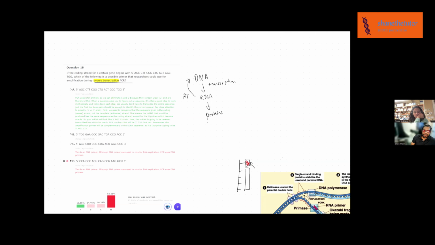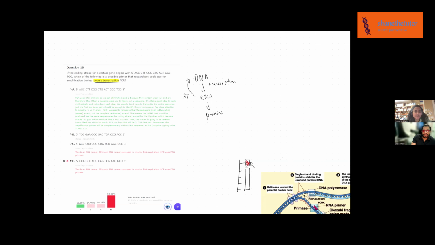But this is just talking specifically about reverse transcriptase PCR. Okay. So that's the key word here. So just think of it, I guess, as, yeah.